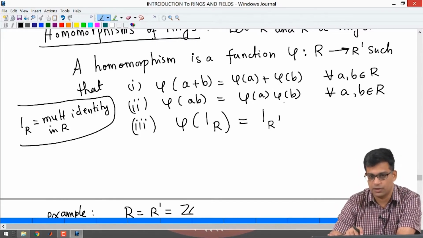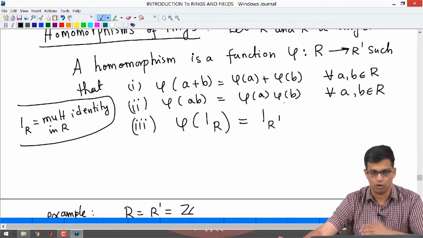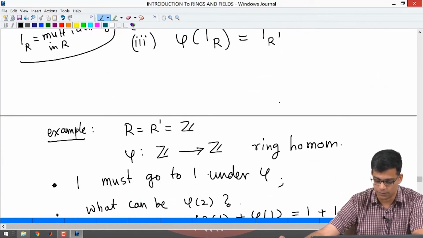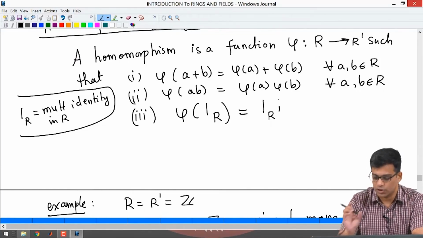But the third condition we do not have for a group homomorphism. That allows us to send 1 to 2, that will give you a homomorphism, that allows us to send 1 to 3, that is another homomorphism. But for a ring homomorphism, 1 must go to 1. So, it is very rigid.